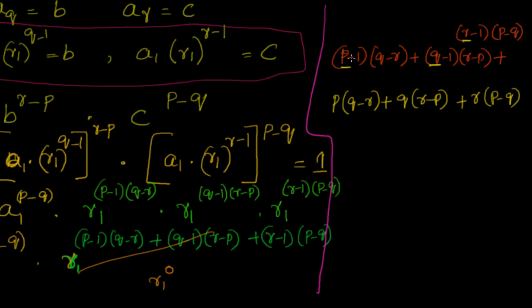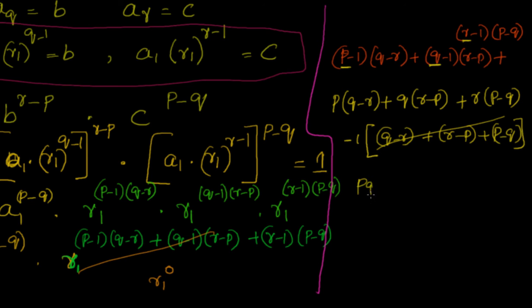Now what is left out is the second term. So I will take minus 1 out and this is nothing but equal to q minus r plus r minus p plus p minus q. Now you can see that this whole thing will become 0. If you look into the first part, this also will become 0. Let me explain that.